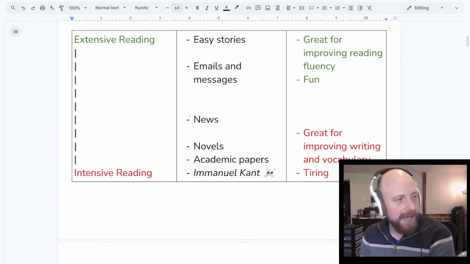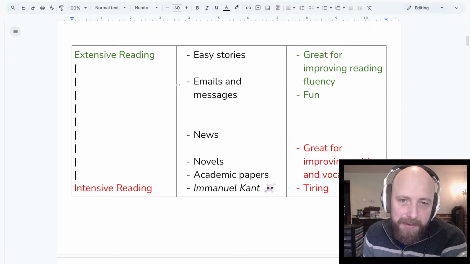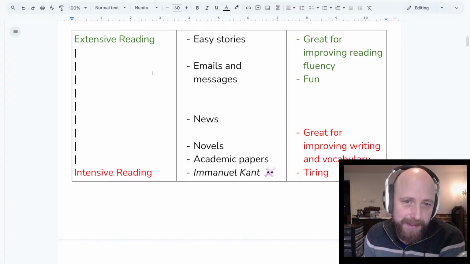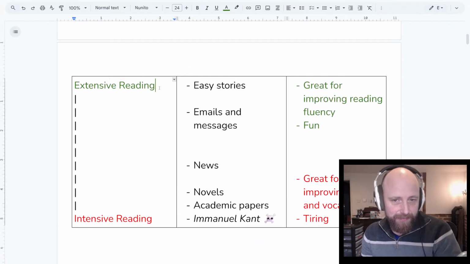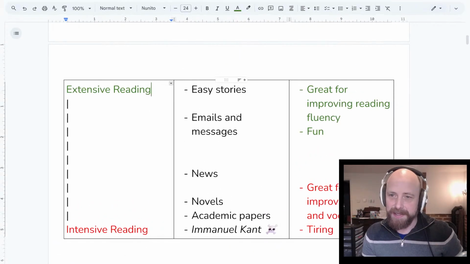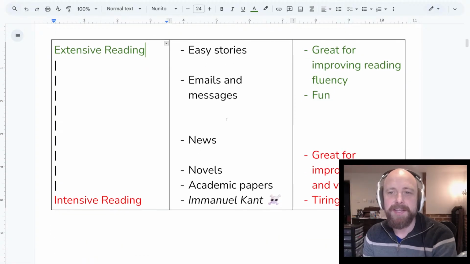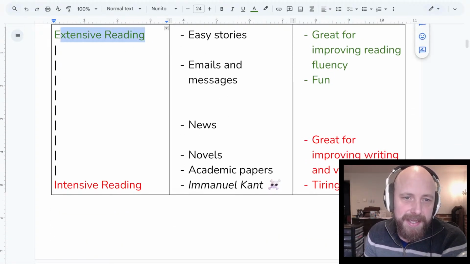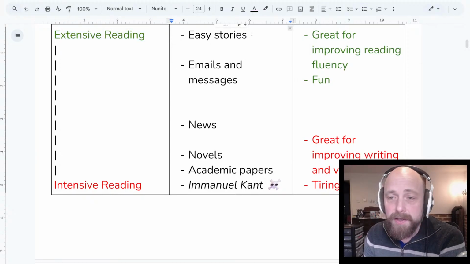Well, as a language learner, you might be aware that there's a scale of extensive to intensive reading. Extensive reading is absolutely fantastic, very, very useful for improving your English. And essentially, extensive reading is you read easy stories.